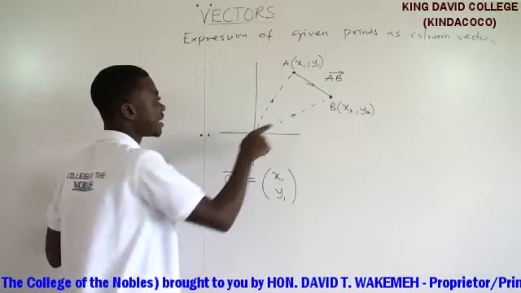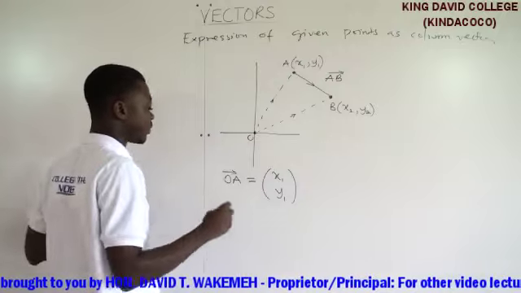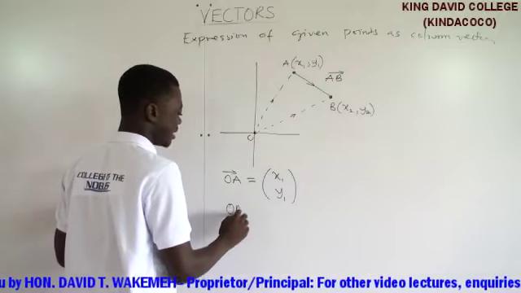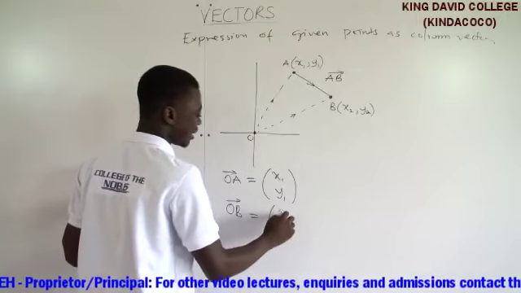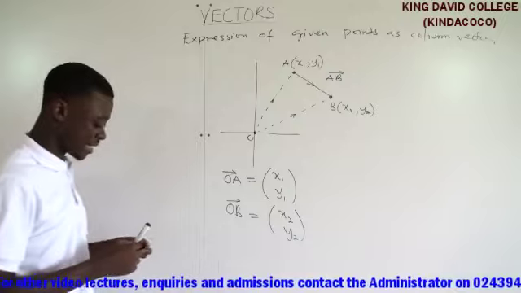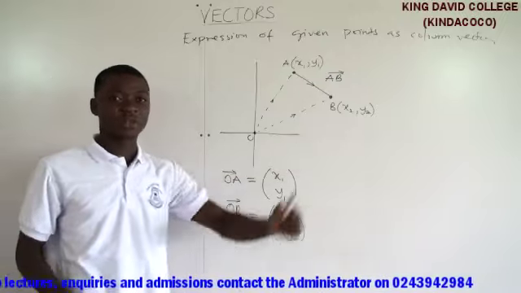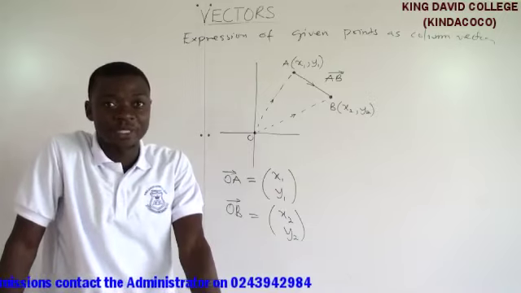Then if I make this one also have a link with the origin, I can also rewrite B as a vector x2, y2. This is the only way I can convert a coordinate into a vector. This is the only way.